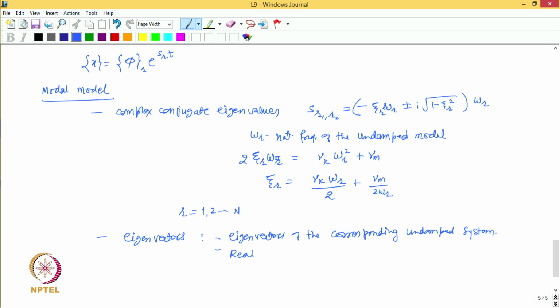We can also prescribe the modal model in an alternative form, so that we can call the first one method 1. In this form we simply provide the natural frequencies of the undamped system, the damping factor zeta r calculated from the formula above, and the eigenvectors of the undamped system, with r varying from 1 to n.